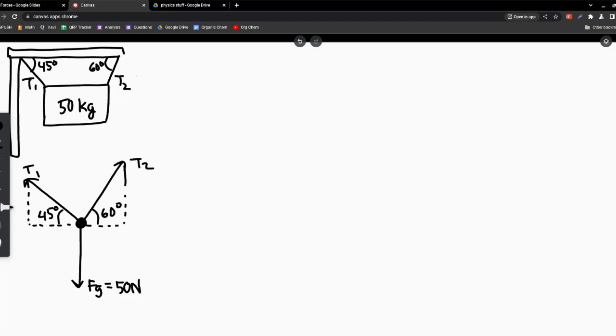So let's start with a simple one. In the x direction, we can imply that T1 cosine of 45 degrees equals T2 cosine of 60 degrees. Because if they weren't equal to each other and cancel each other out, then there's going to be acceleration in the horizontal direction.